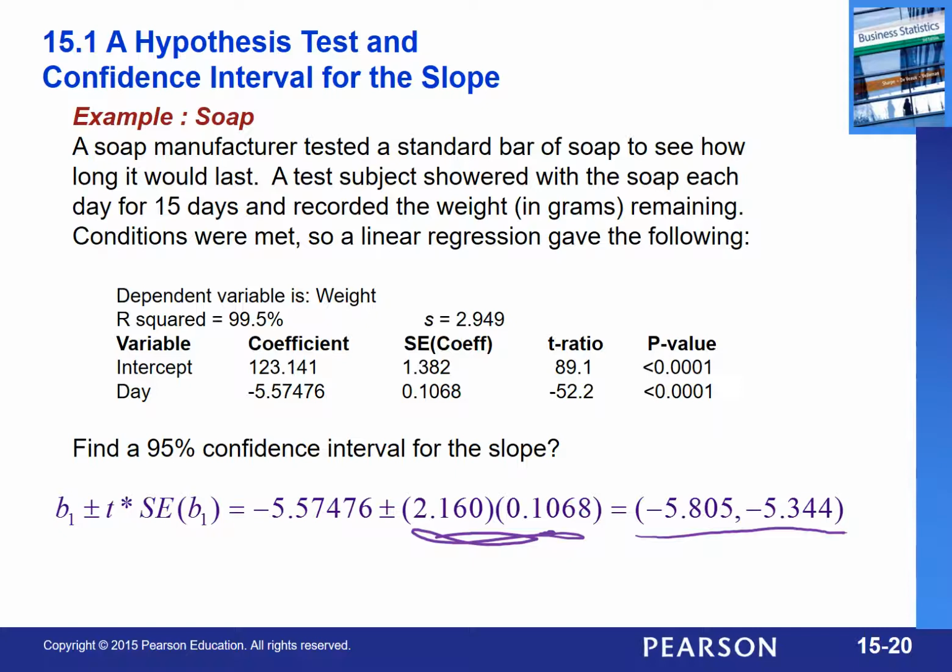We're throwing in our slope, our standard error, getting our t, and then adding and subtracting the values after we multiply. We multiply this first, and then we add it and subtract it to the B0 value, and we come up with something that's completely negative. And that's what we wanted to see, because we want it to be either completely negative or completely positive, because that definitely indicates that 0 is not in there, and therefore we must have something that is significant when it comes to our slope.